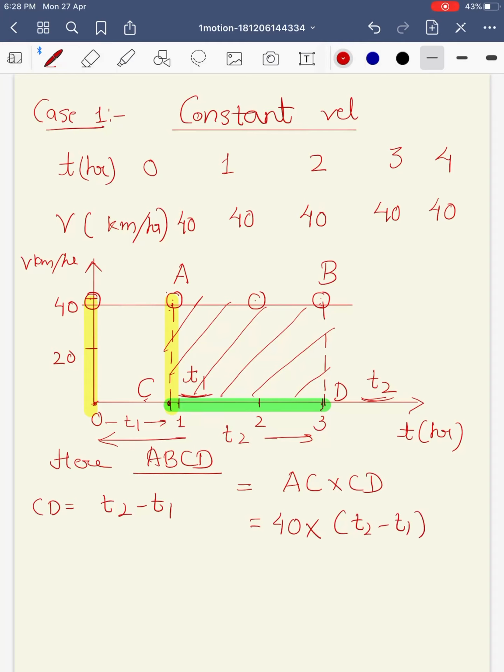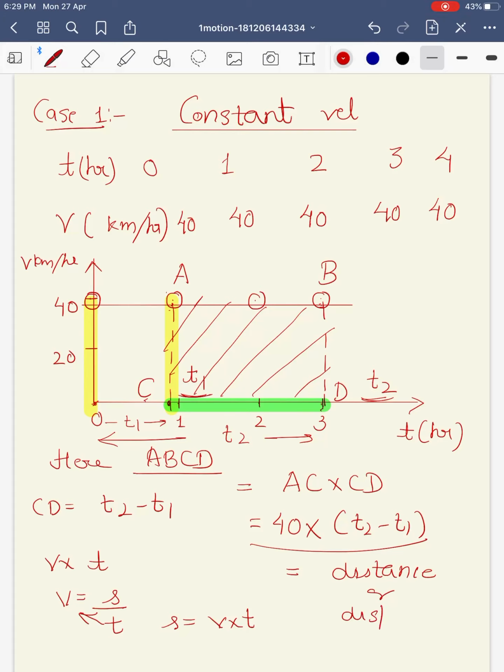Can you tell me what this quantity gives? This is speed into time. From the formula, speed was distance by time. So what will be speed into time? That will be distance. Or you can also write displacement, because we are talking about a velocity time graph, so it is better to write displacement here.